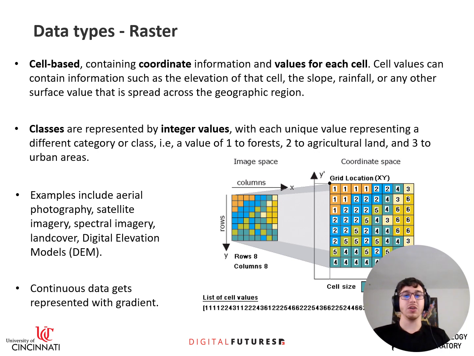In the case of class rasters, classes are represented by integer values, with each unique value representing a different category or class. For instance, a value of 1 to forest, 2 agricultural land, and 3 to urban areas.